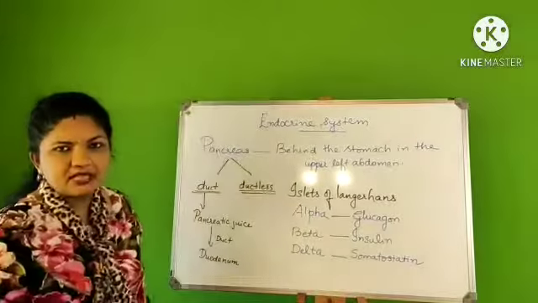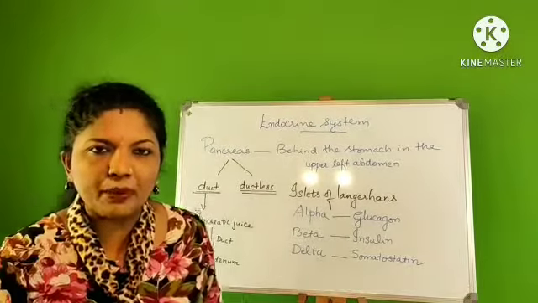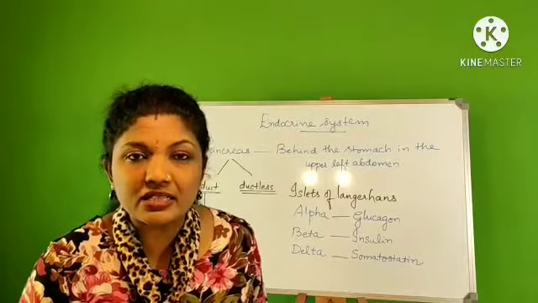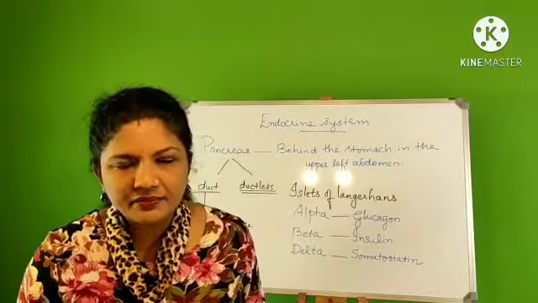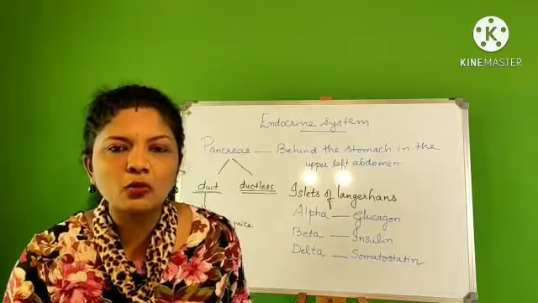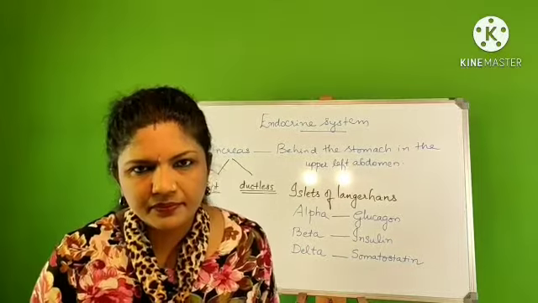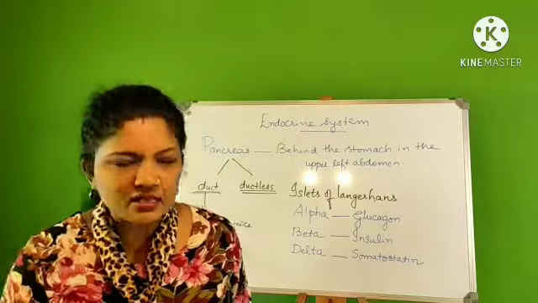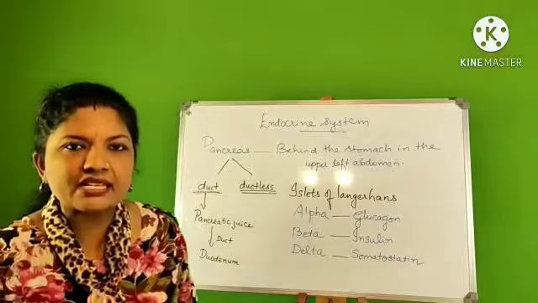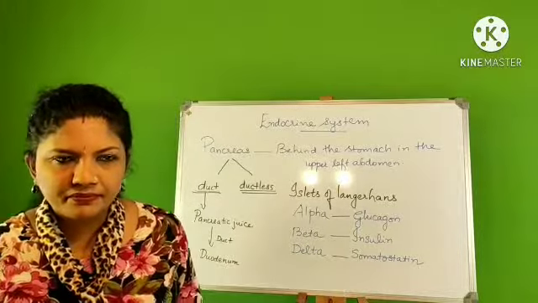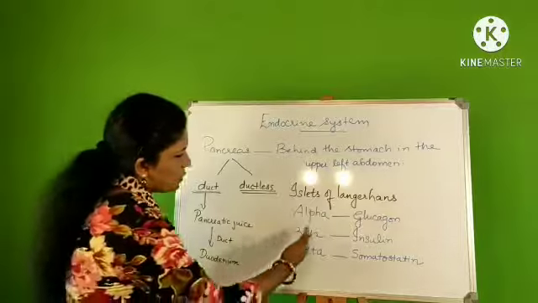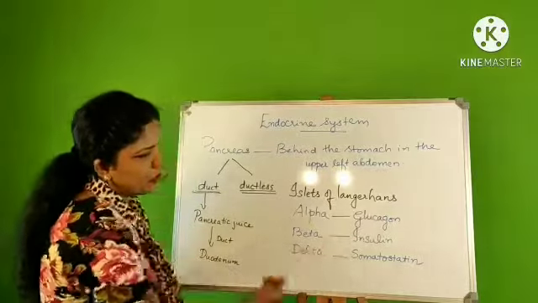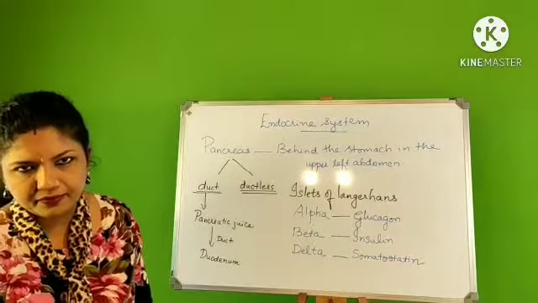As a duct gland, the pancreas pours pancreatic juice through a duct into the duodenum. As a ductless gland, it has certain hormone secreting cells, that is alpha cells, beta cells and delta cells. Alpha cells produce glucagon, beta cells produce insulin and delta cells produce somatostatin.